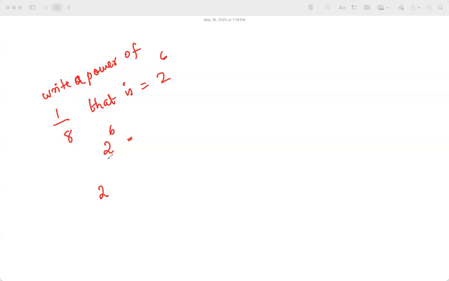Can I write it as 2 power of 3 times 2 power of 3? Yeah, and that's 8 times 8, which is equal to 8 square. But they want it as 1 by 8, so push it down. And that's 8 negative 2. Yeah, that's it. You got it?